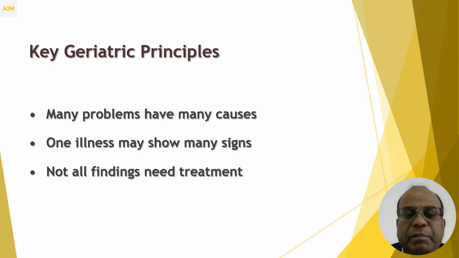These principles may seem simple, but they change how we think. They remind us to slow down, to look broadly, and treat the whole person. So when we follow these rules, care becomes safer and more compassionate.